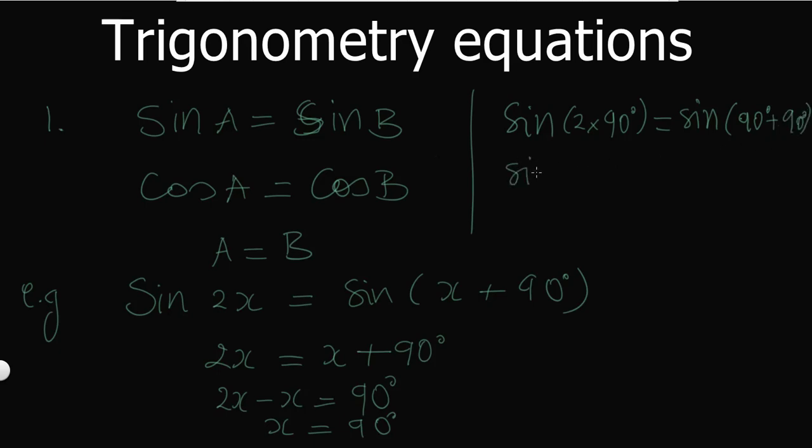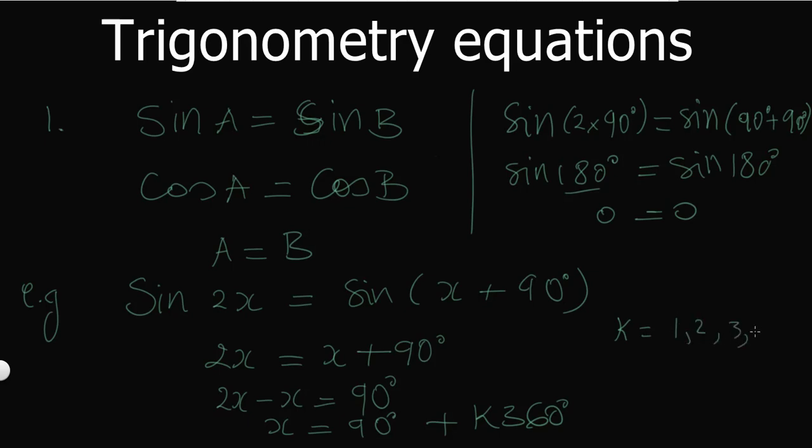So we have sine of 180 degrees equal to sine of 180 degrees. So this will be 0 and this will be 0. Okay. Normally here you can say plus k360, meaning that k can be equal to 1, 2, 3, 4.